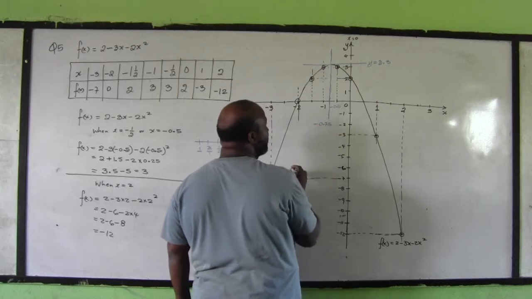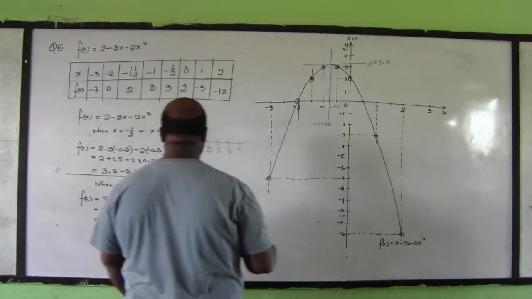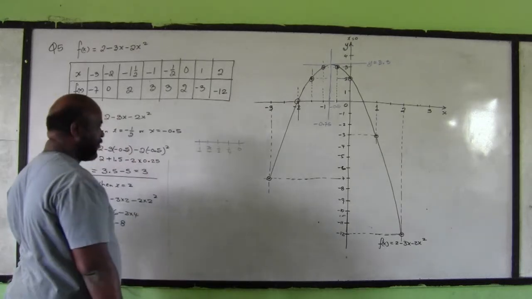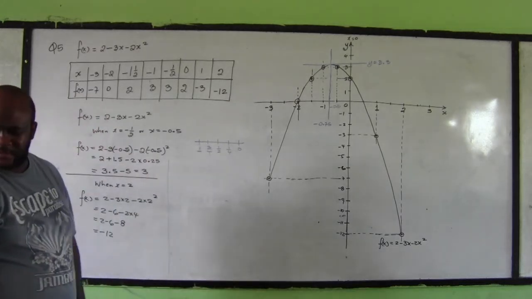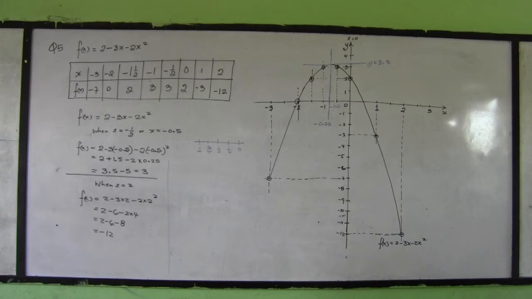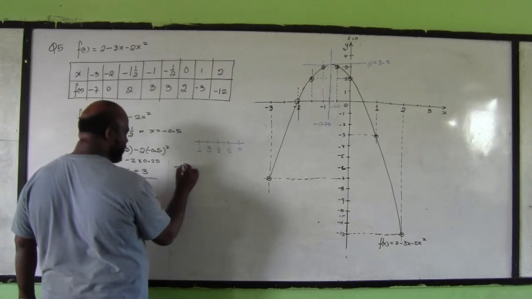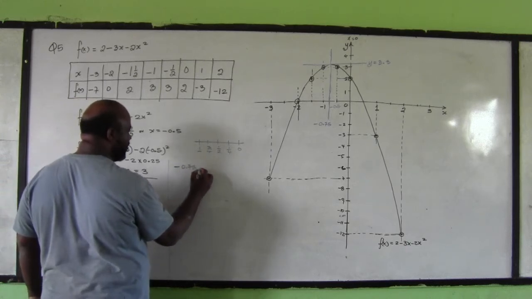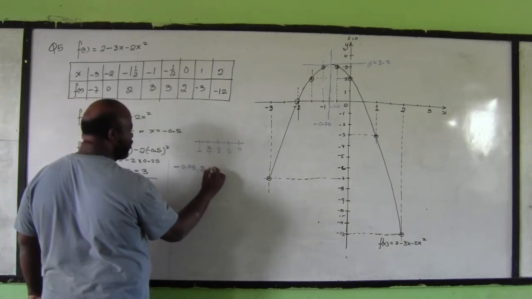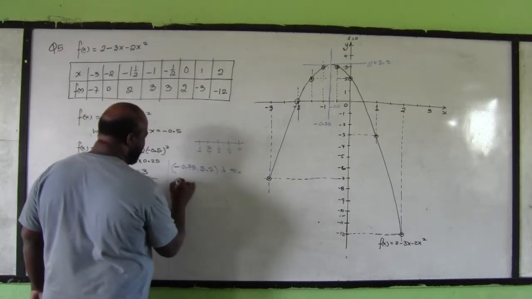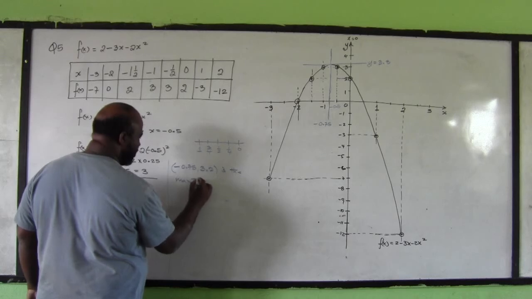0.75, and it's negative. So what did they ask? Tell me the question they asked you. You must give the coordinates of the maximum point. This is what I will tell you: minus 0.75, 3.2 is the maximum turning point.